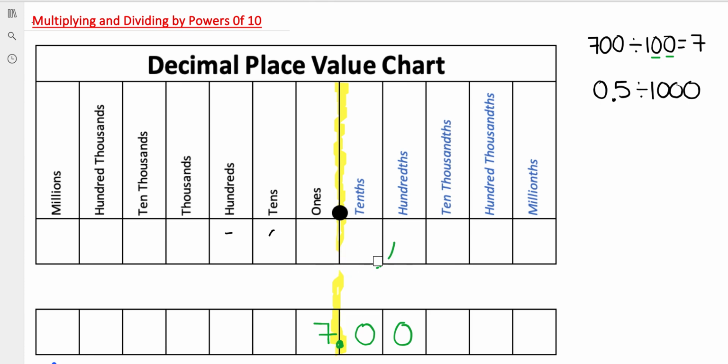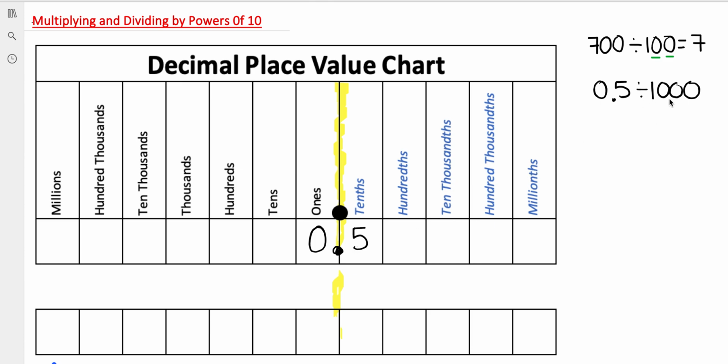Sorry, girls, it takes a while to delete with this thing. Fantastic. So first I'm going to write 5/10. How do we write 5/10? I have 0 ones, my decimal point continues in the same spot, and I have 5/10.